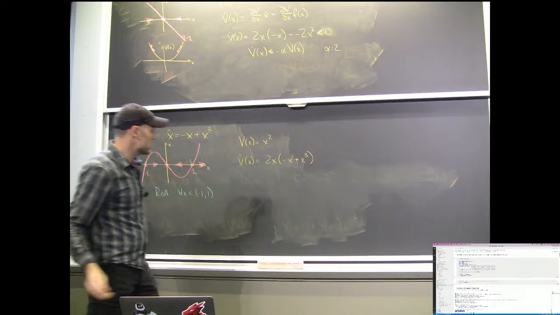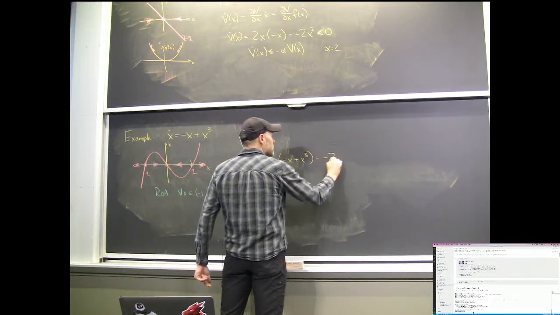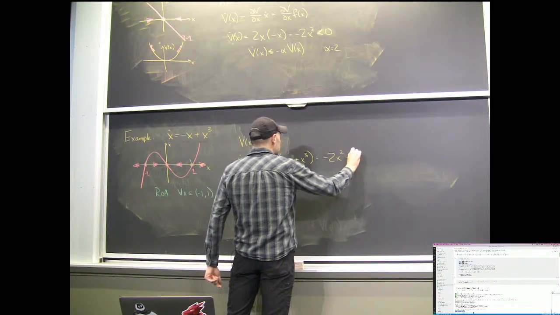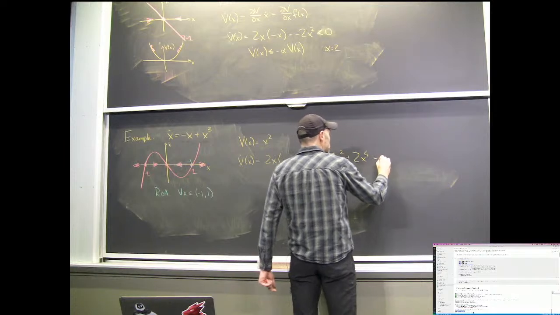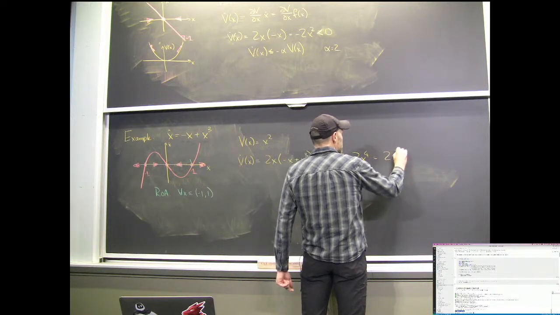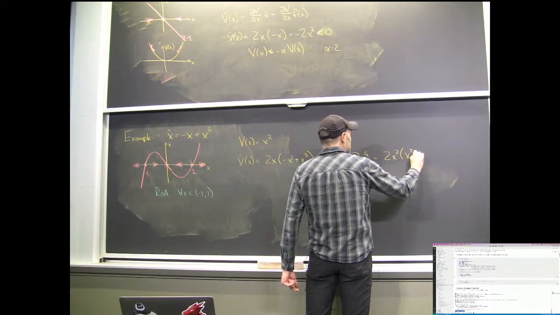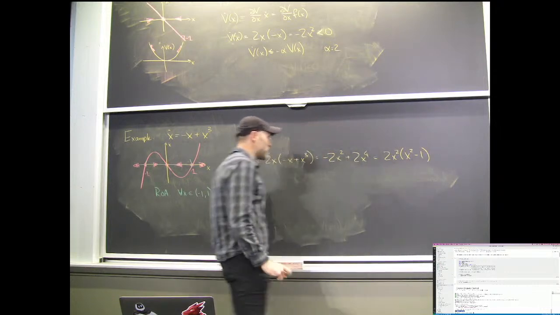This is just negative 2x squared plus 2x to the 4th. I could also write that as 2x squared times (x squared minus 1). I think I got that right.